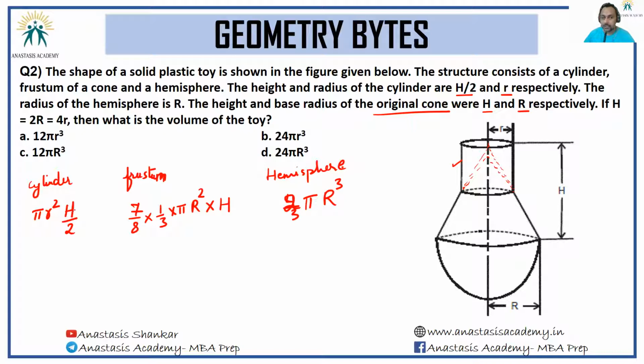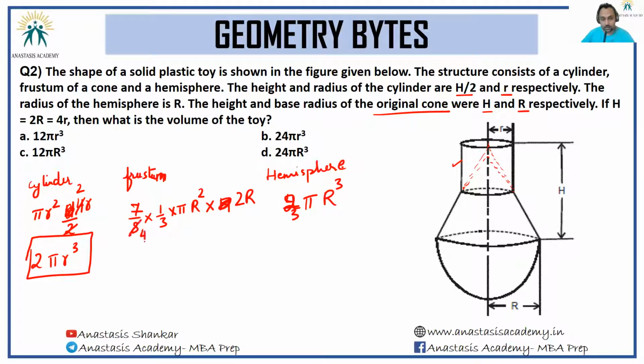So these h's need to go. So can I go h is equal to 4r? So if I replace it with 4 small r here, this will turn to 2. So I have 2 pi r cube here from the cylinder. This h here I will replace with 2R.